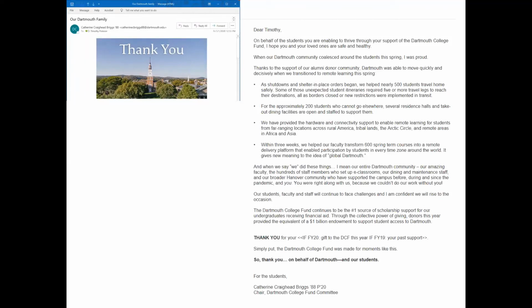So what we got back was well worth the effort we put into it. Now, on Giving Tuesday Now, we pushed out 4 email appeals from our chair, from Sylvia, and from the Dartmouth College Fund. 2 of these emails in particular were specifically intended for staff and volunteers to forward or put into their own words.